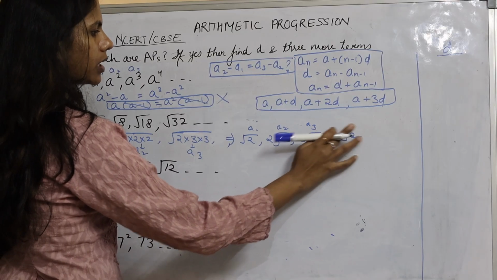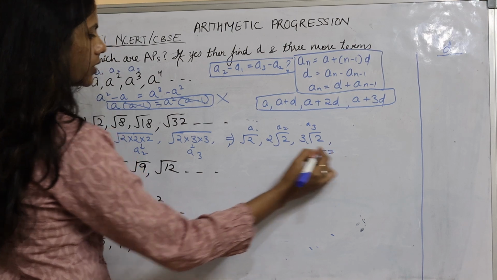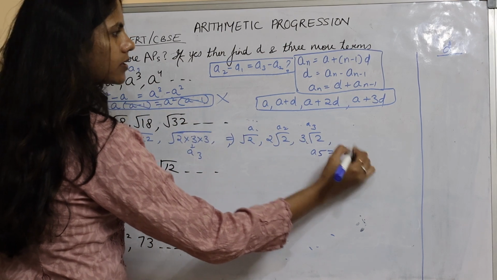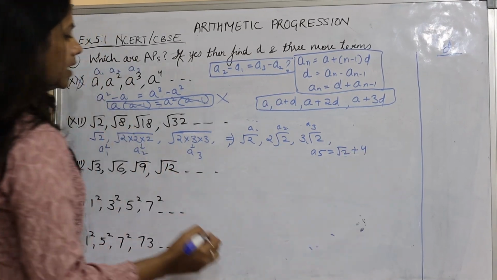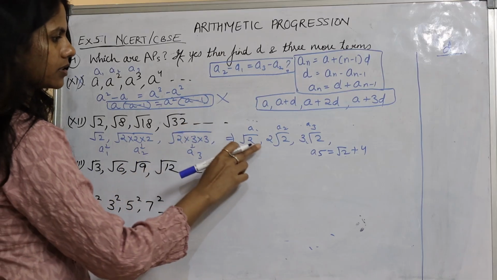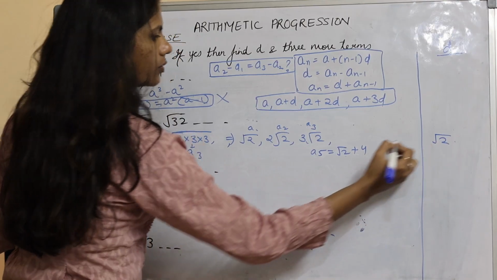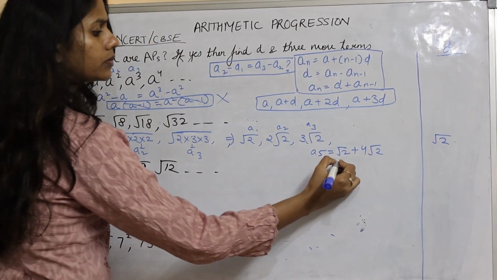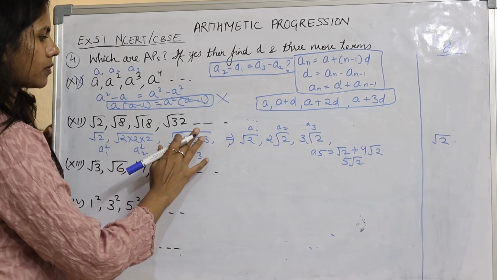Let's try to calculate the A5th term. So a fifth term equal to a, which is under root 2, plus we are using this formula n minus 1, which is 4, into d. What was the d here? We saw d was under root 2. So if you add it, what will it become? 5 under root 2.